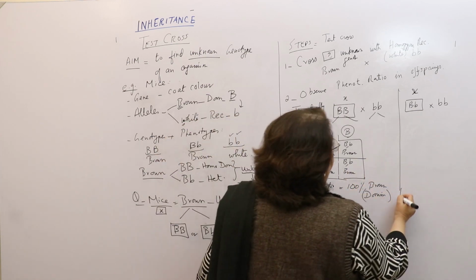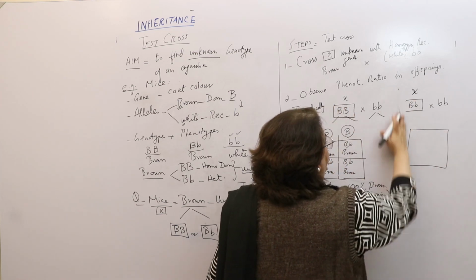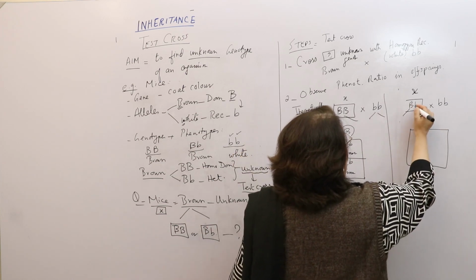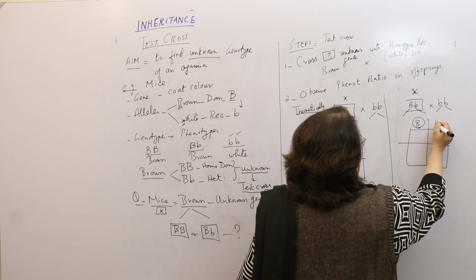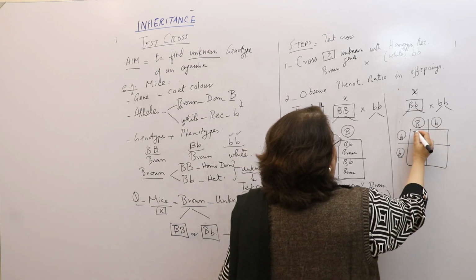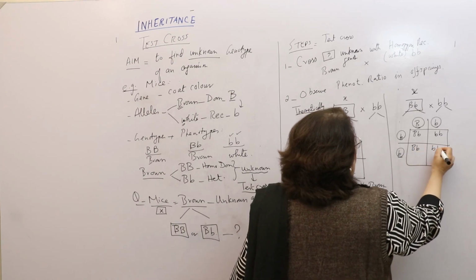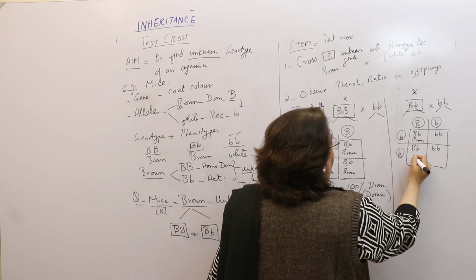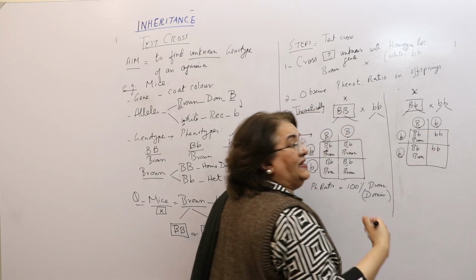Now, what about in this one? If we draw a Punnett square, we can easily make out, just remove this line from here, that these two will split up. So for this, the gametes would have this, and then they would have this. Now, when we fill up the Punnett square, it looks like this. As you can see, both of these have capital B, so they will have brown and brown, whereas there is no capital B here, so this will give us the recessive trait.